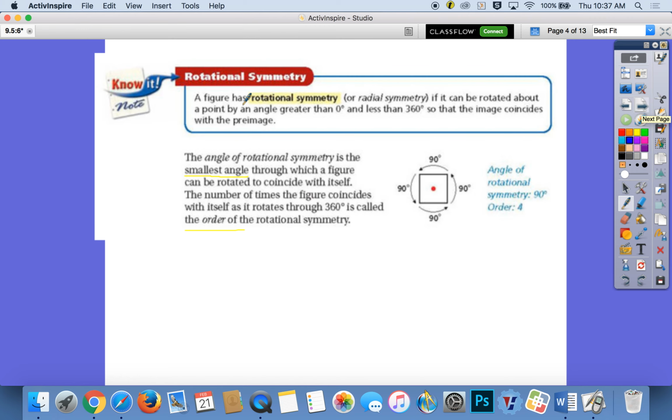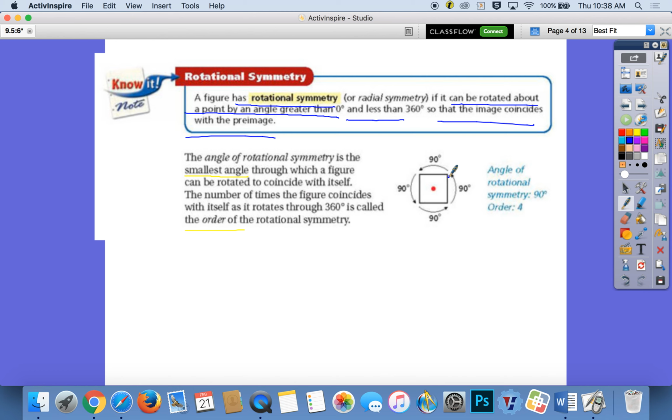The next piece of symmetry we're going to talk about is rotational symmetry. Instead of drawing a line and having it coincide, if the figure can be rotated about a point by any angle greater than 0 and less than 360, so that the image coincides with the pre-image, then it's said to have rotational symmetry. Basically, I have my square.